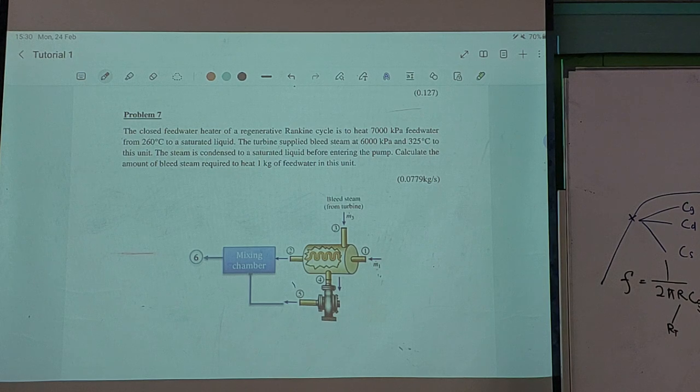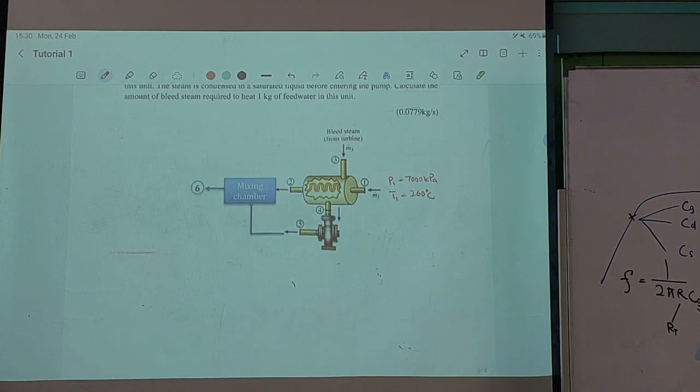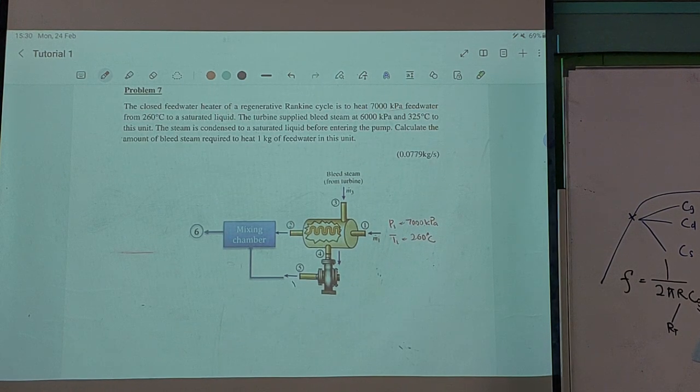Okay, so exactly, P1 equals 7,000 kilopascal, T1 is 260 degrees Celsius, to a saturated liquid. So we know that the end product is a saturated liquid.